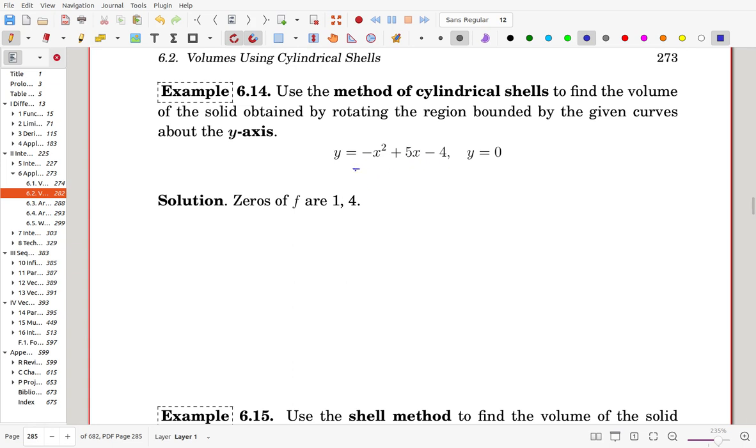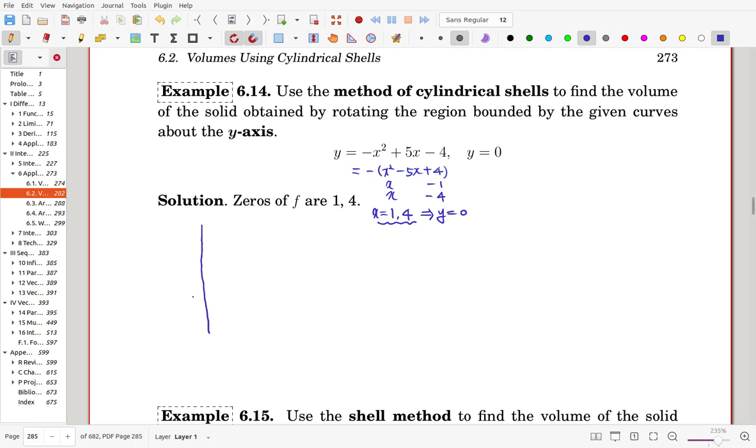That is the same as minus x squared plus 5x minus 4. So we have x-axis crossings at 1 and 4. Once it is 0, x is 1 and 4, and y must be 0. So we have 2 zeros for this curve. Now let's sketch the graph.